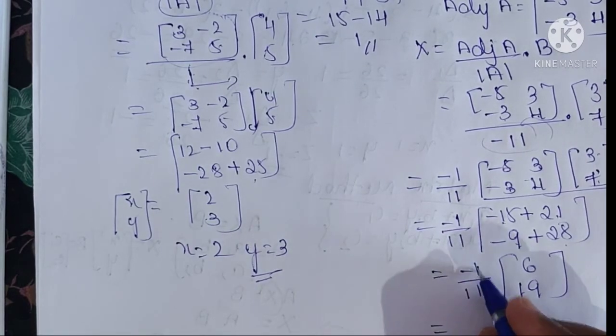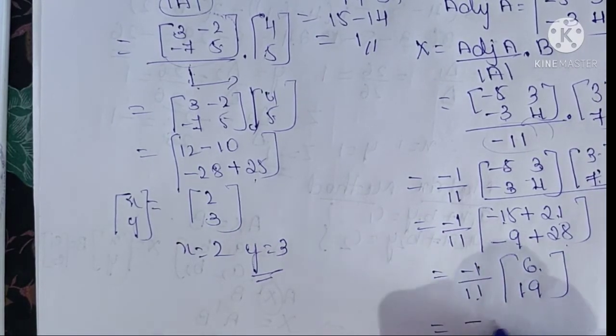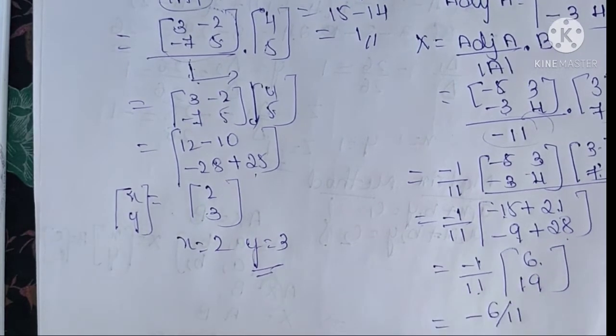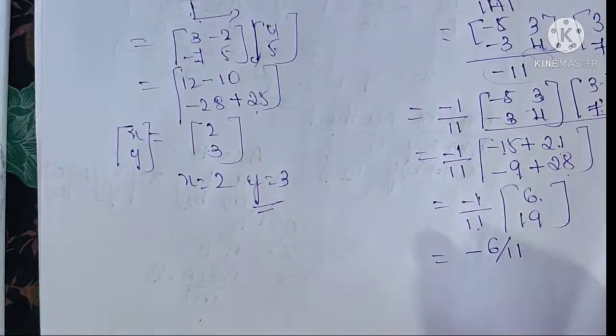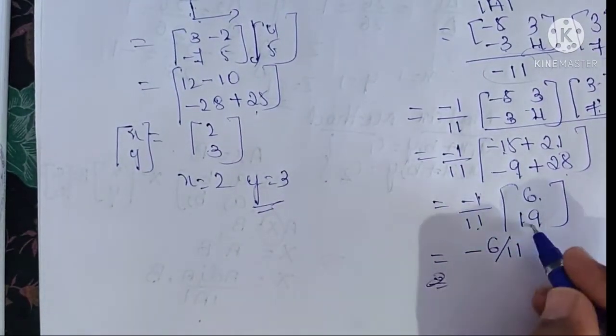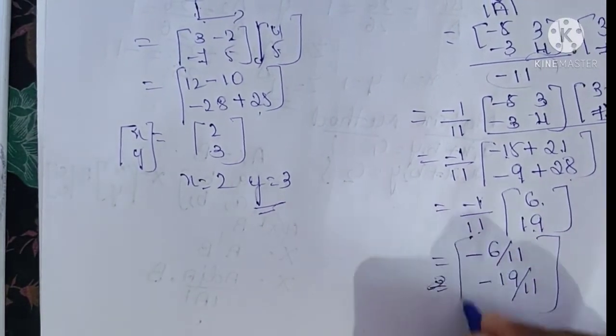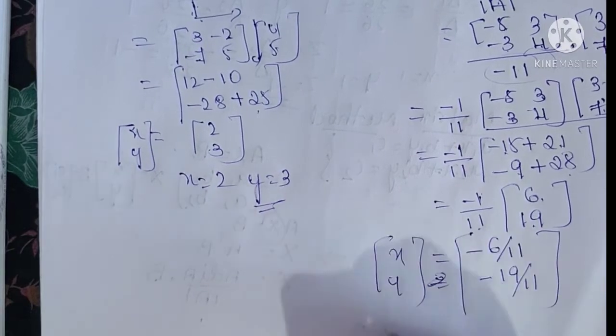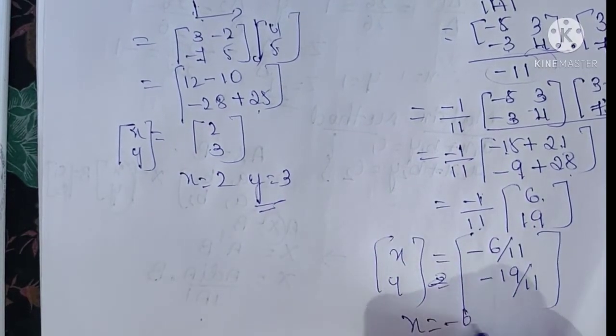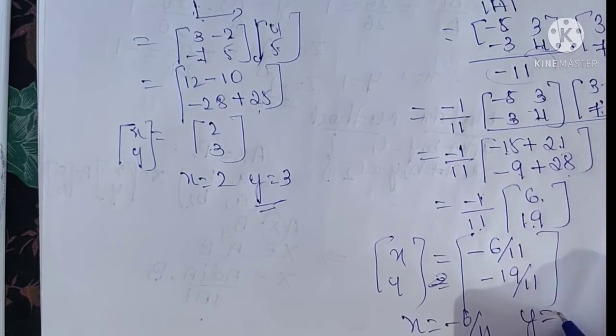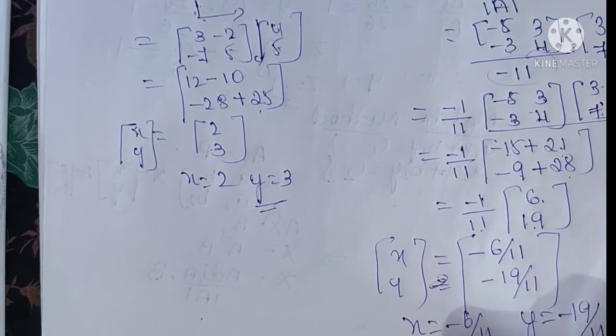Therefore, minus 1 divided by 11 into 6 is minus 6 by 11, and minus 1 divided by 11 into 19 is minus 19 divided by 11. Therefore, x value is minus 6 by 11, y value is minus 19 by 11.